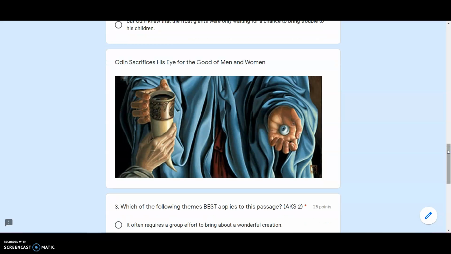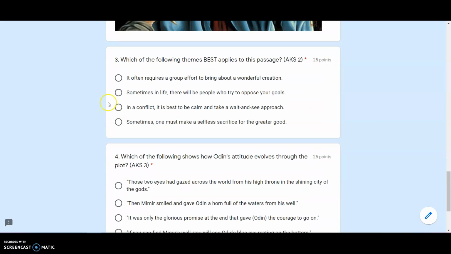Okay, here is just a little picture for you. It shows Odin handing over his eye while Mimir hands over a horn full of water. This is just a reminder that Odin sacrifices his eye for the good of men and women. Okay, question 3. Which of the following themes best applies to this passage?